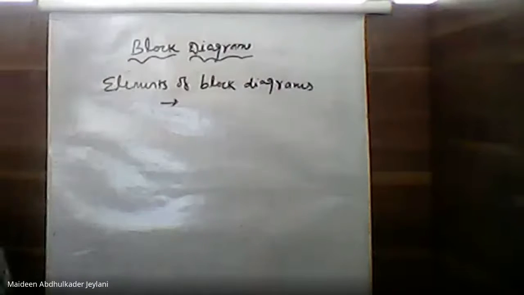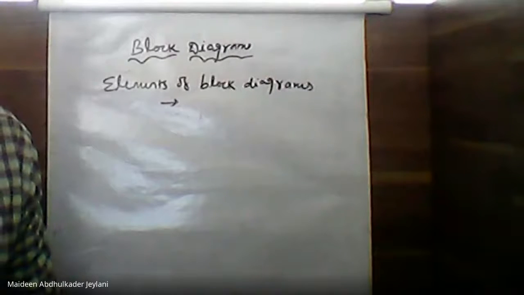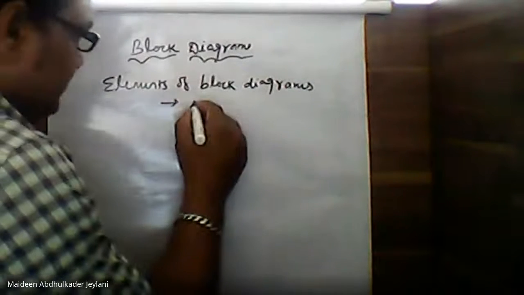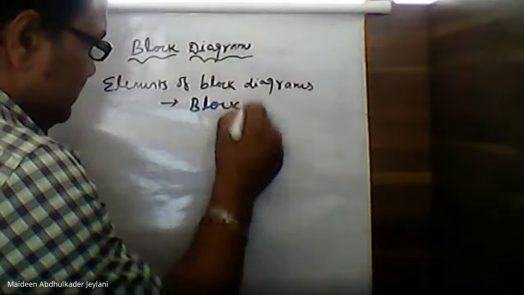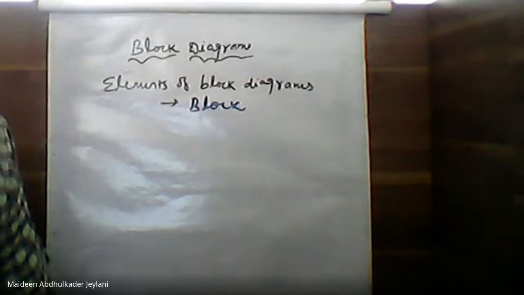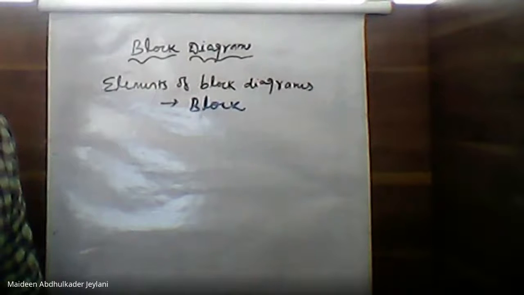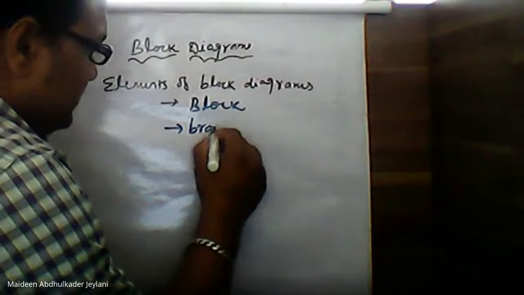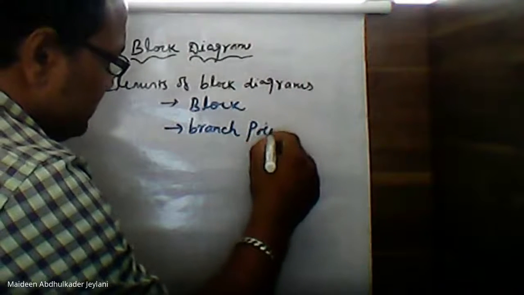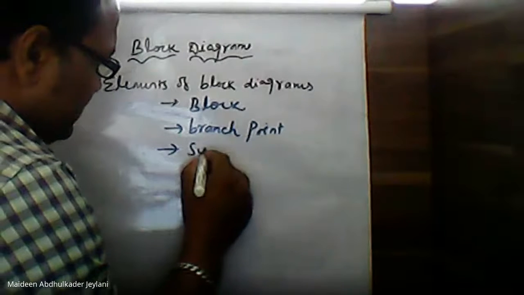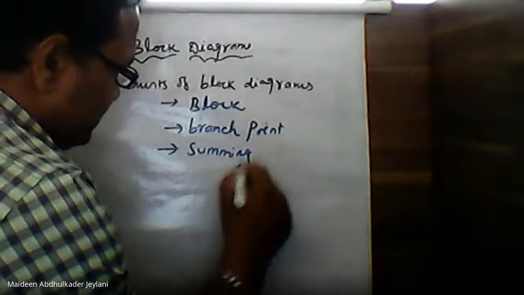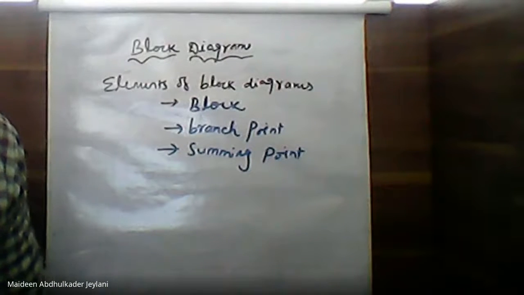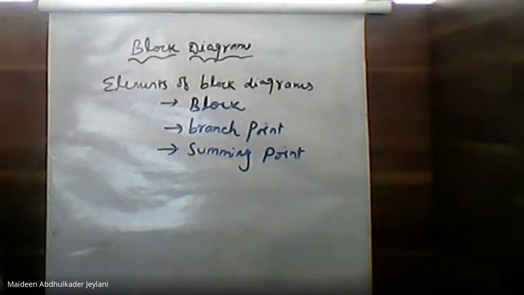The elements of block diagram are: first, a block, any block which is available in your pictorial representation; and the branch point; and the summing point. Okay, branch point and summing point.